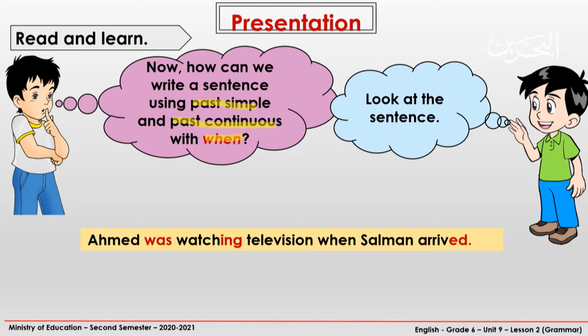Ahmed was watching television when Salman arrived. So Ahmed was watching television, which is past continuous, when Salman arrived, which is simple past. Okay, so Ahmed was watching television when Salman arrived.